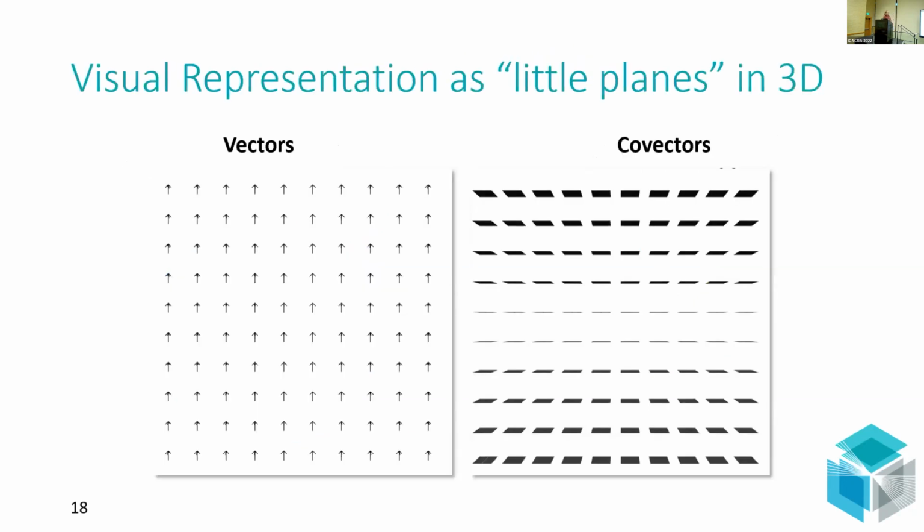And we can visualize it by thinking like if you have a vector field as little planes. The vectors are local directions, and the covectors is everything which is locally orthogonal to the vectors. Like in 3D, what's orthogonal to a direction is a little plane. Like we have the z direction, we have little planes in the xy direction.